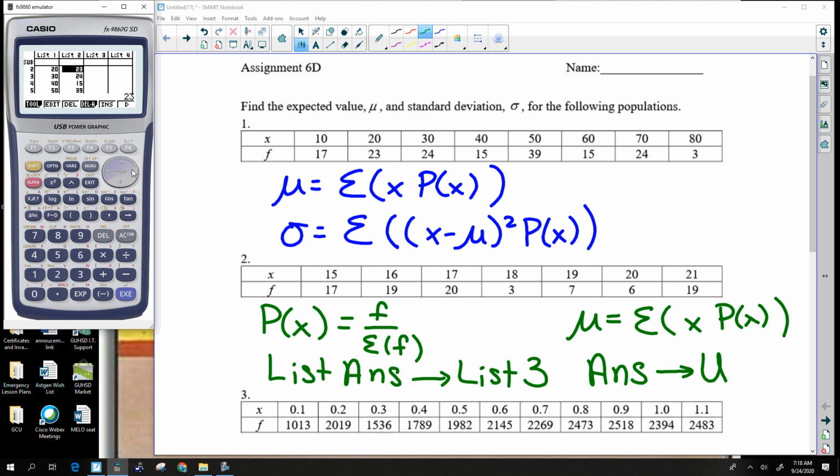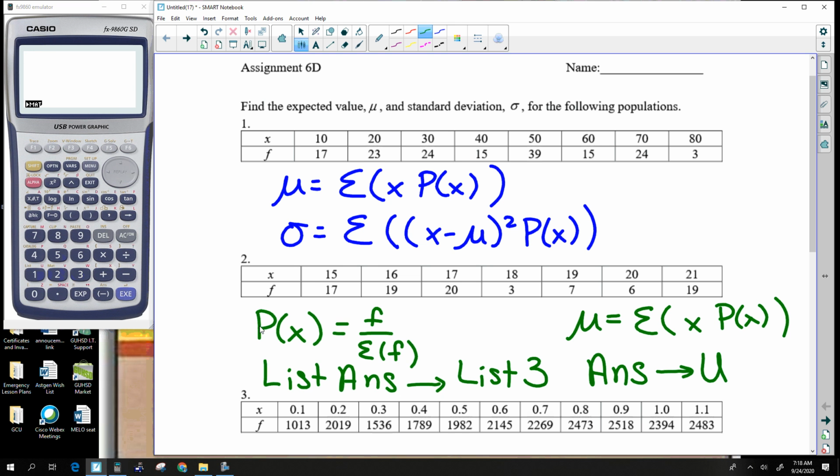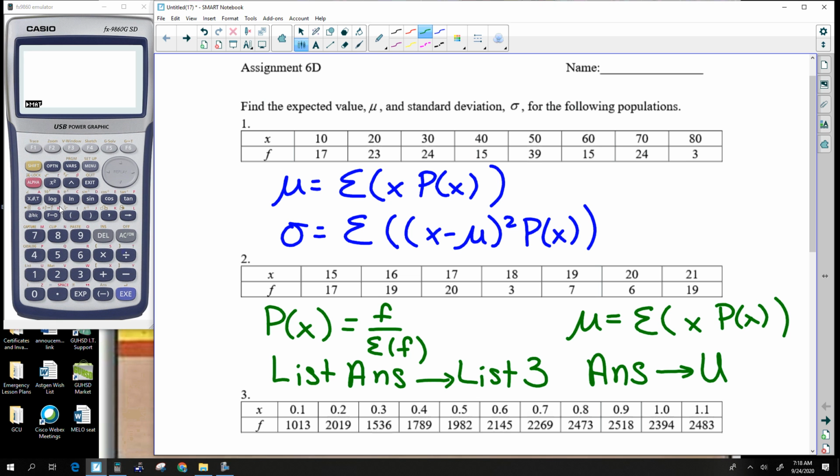All right, I think I did that well enough. Okay, so we begin by finding our p of x, this guy down here. And so that is going to be f, which is list 2, divided by the sum of f, which is the sum of list 2. All right, so this is going to be a list.